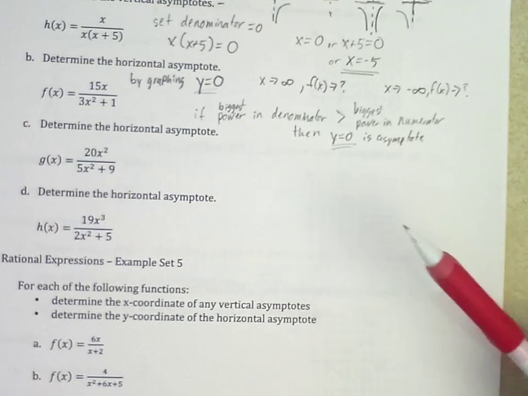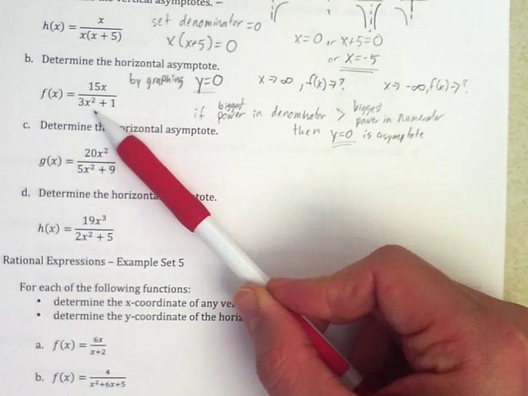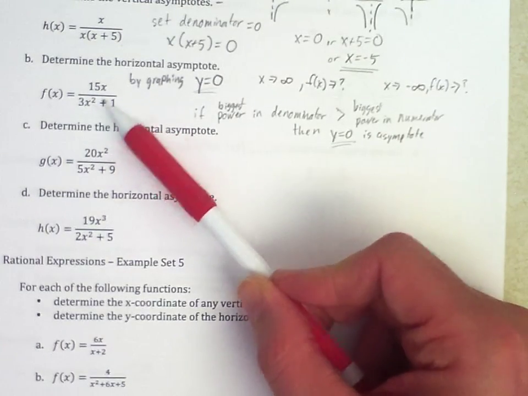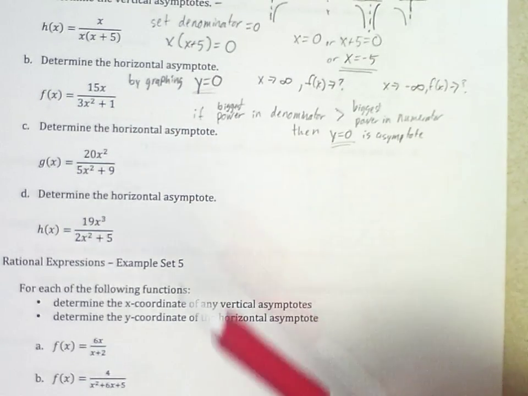So anytime you see that you've got a bigger power down here, in this case 2, than you have up there, in this case 1, y equals 0 is where that's going to end up going.